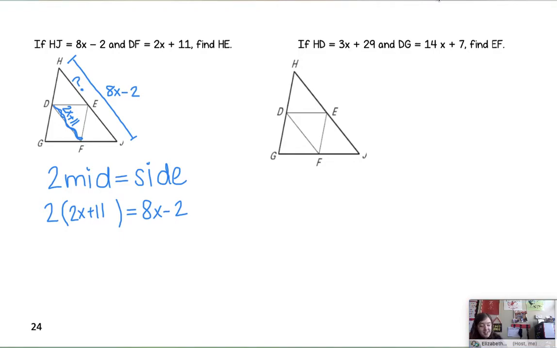So just like every other time, I'm going to start by distributing that 2 out. So we'll take 2 times 2x and get 4x.